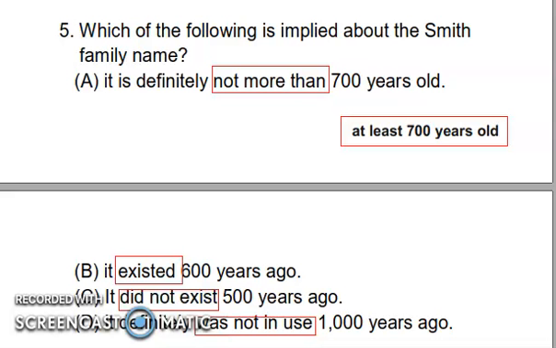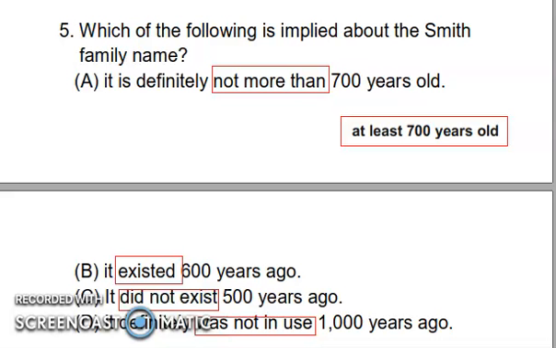So, if it is at least or minimum 700 years old, does it exist about 600 years ago? Does it exist about 500 years ago?